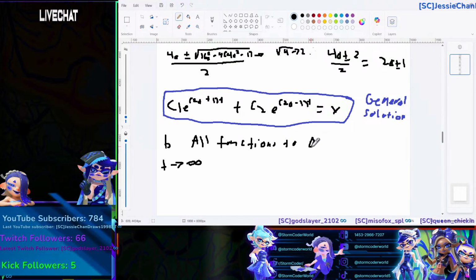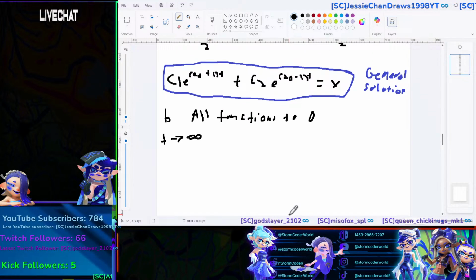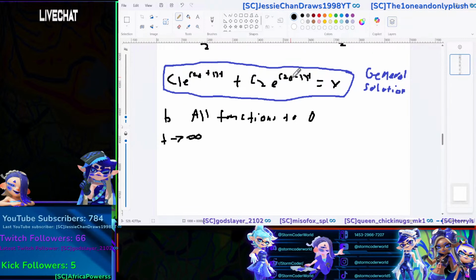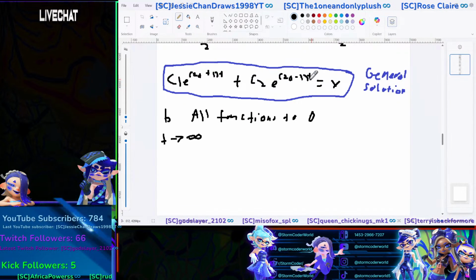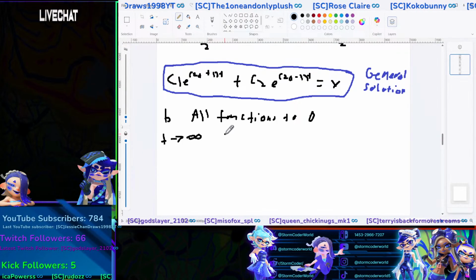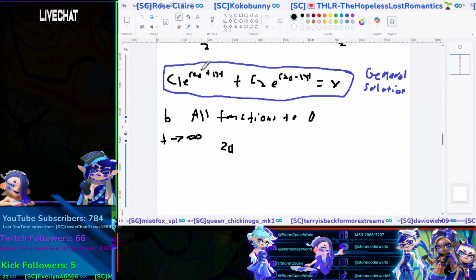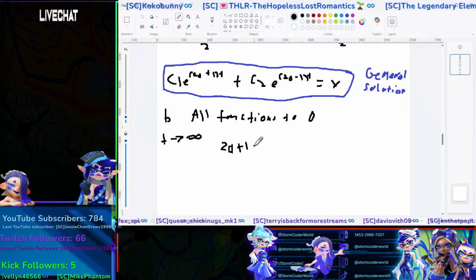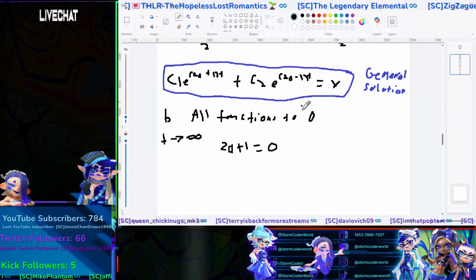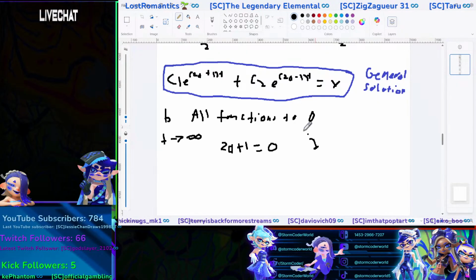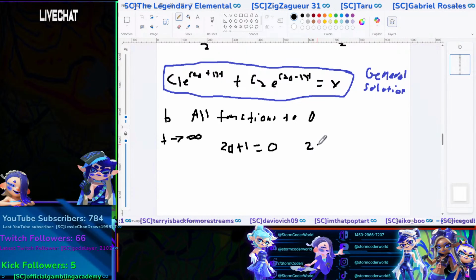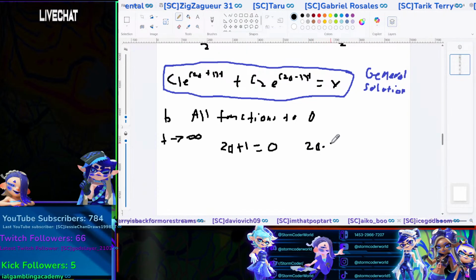To get this, what I want specifically is an alpha that works for both this function and this function. So I'd want 2a plus 1 equal to 0, and then 2a minus 1.